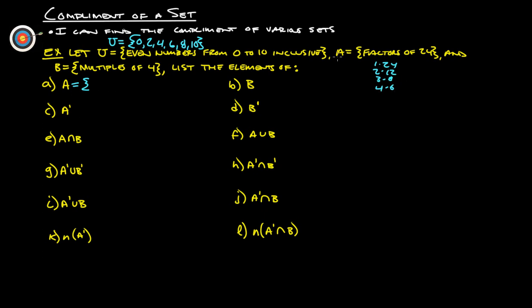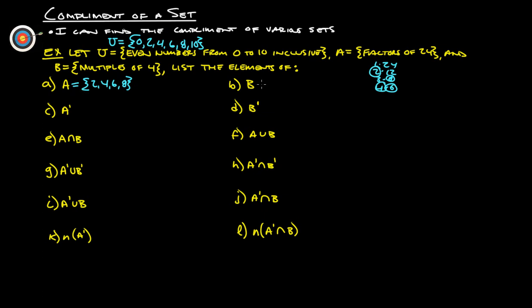So the only ones we care about in here are the even ones from 0 through 10. So 2, 8, 4, and 6 are the only ones we care about. So 2, 4, 6, and 8. That is set A.